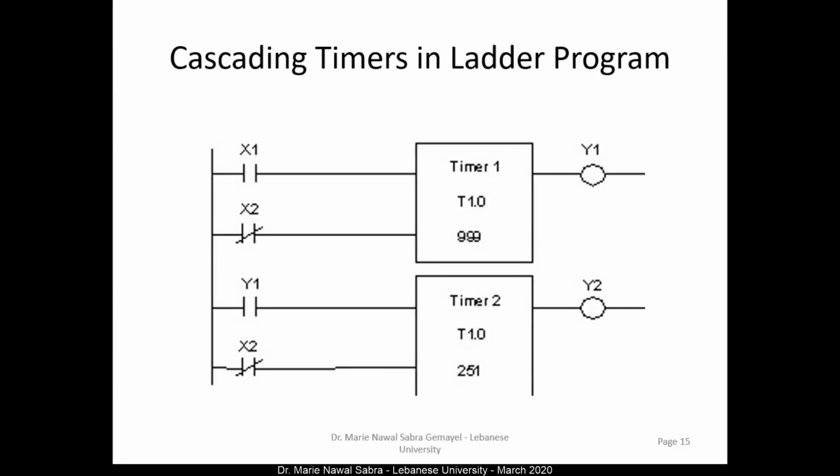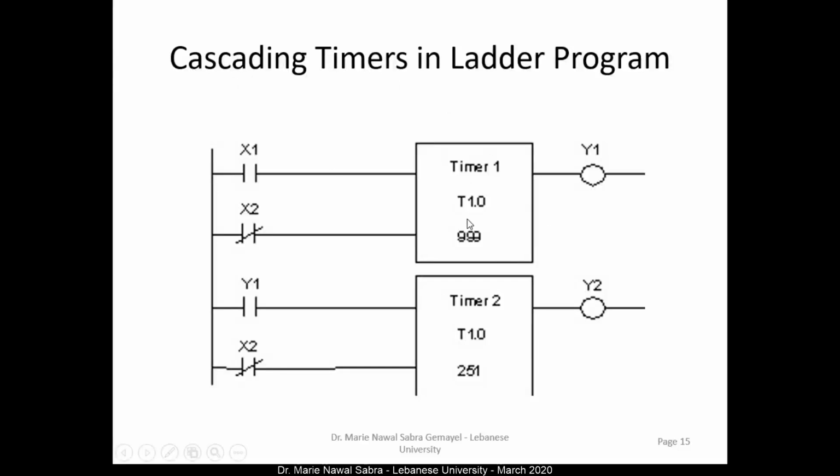So 2 to the power 16, that's 65,000 and something. It's a large number, but when you want to talk about delays that go in like 10 hours, you cannot get a good resolution with only one timer.